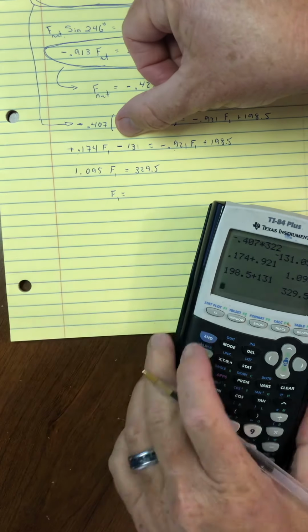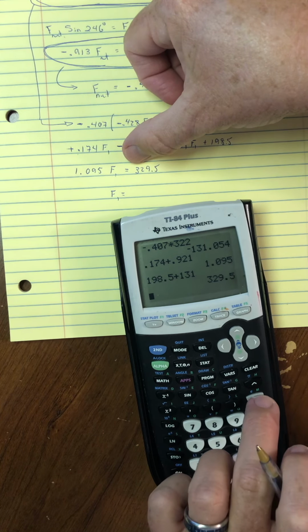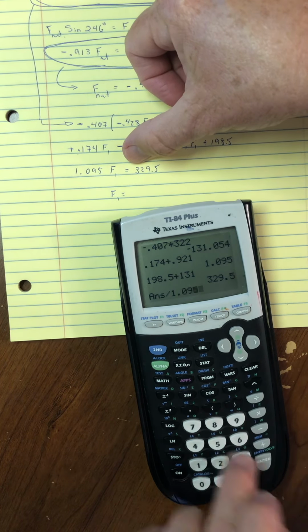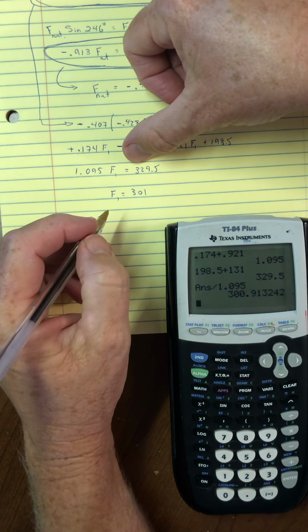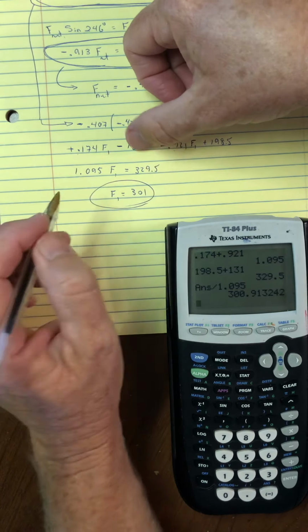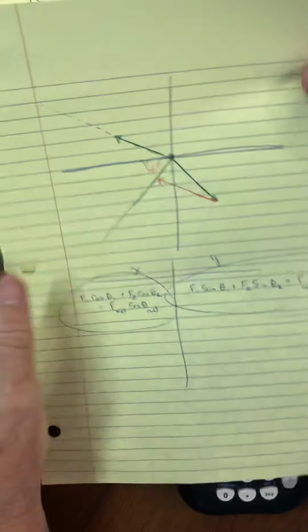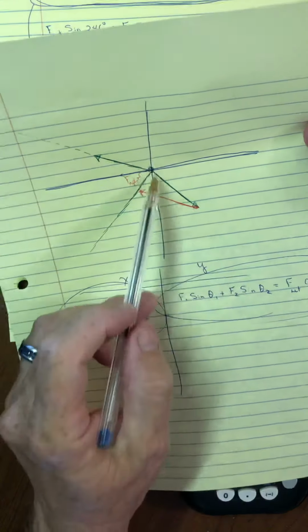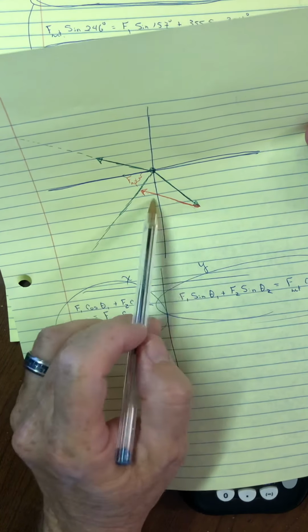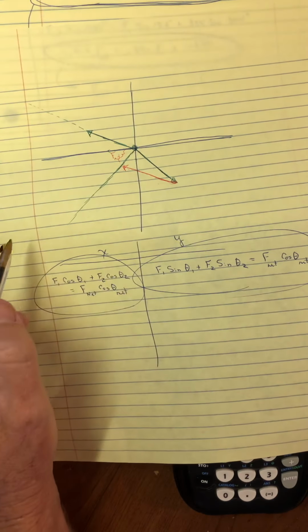And so F1, so let's see, 329.5 divided by 1.095 comes out to be about 301. So I get 301, and as mentioned earlier, that kind of matches what I was trying to draw. F1 down here looks like it would be about the same amount, maybe a little shorter. And so F2 was 355, and F1 then comes out to be 301.